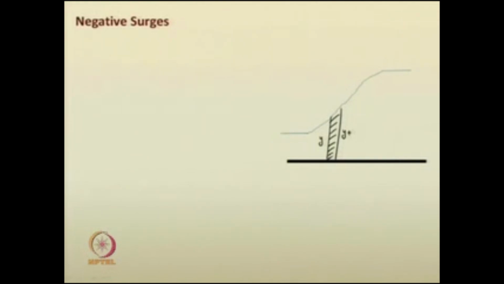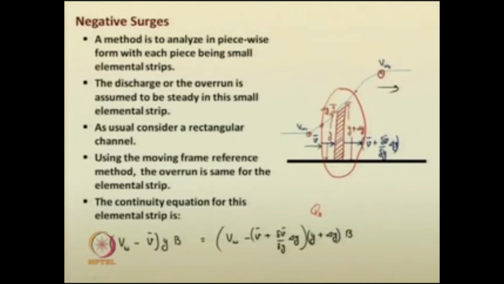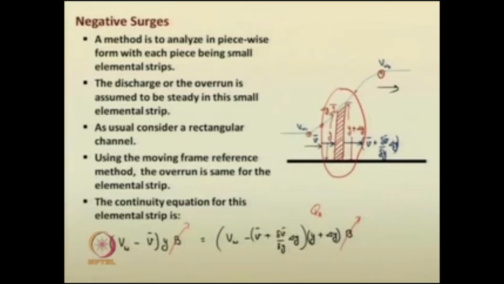Just rearrange the terms here. You can see that in V w minus V bar into y, the b can be cancelled off. We have not incorporated density here because we are considering incompressible flow, so the density gets cancelled off automatically.